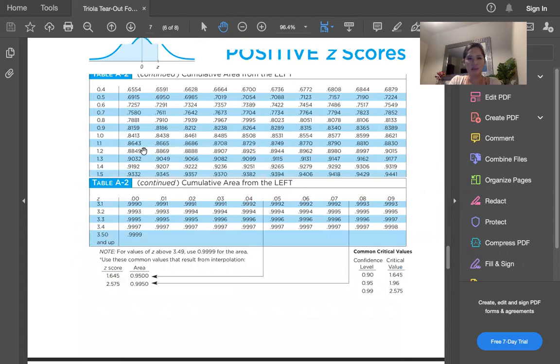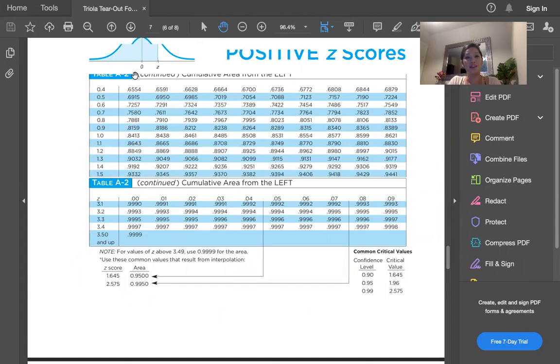Notice that in the body of the table, when z is equal to 0, we'd go in this column and find z equals 0.0. And then to get that hundredths place, we would look in this column. So you're looking for this row that has the z 0.0 here, and then in this column that has the 0.00 for z to be equal to 0.